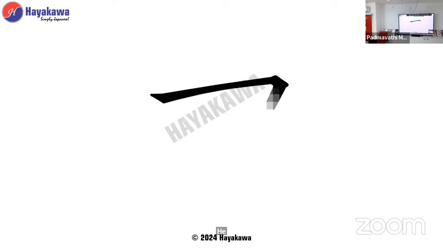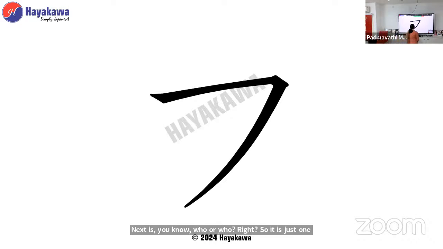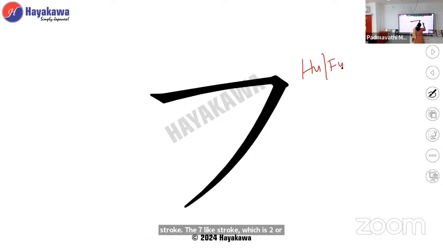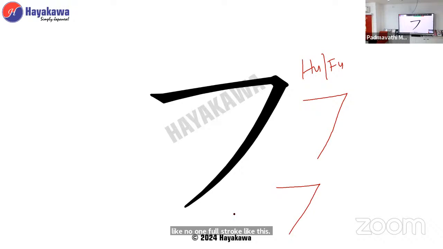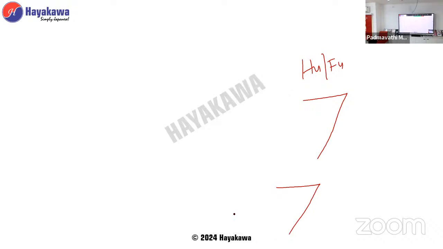Next is fu or hu, right? So it is just one stroke. This 7-like stroke, which is fu or hu. We have it like one full stroke like this. Right?